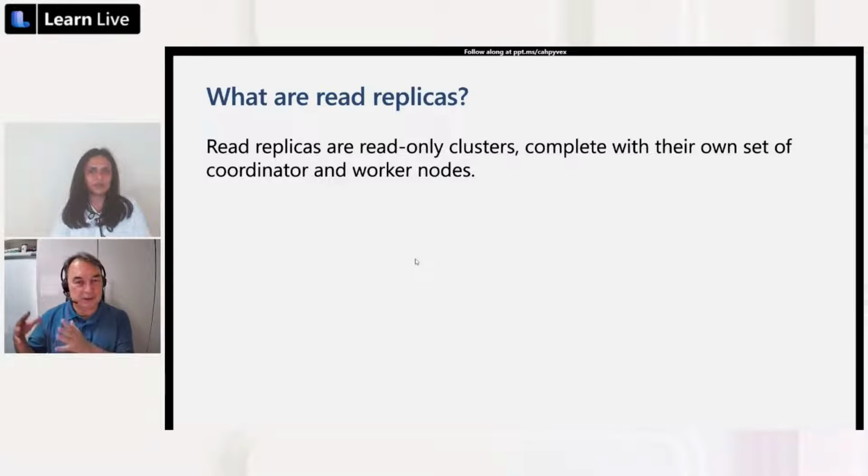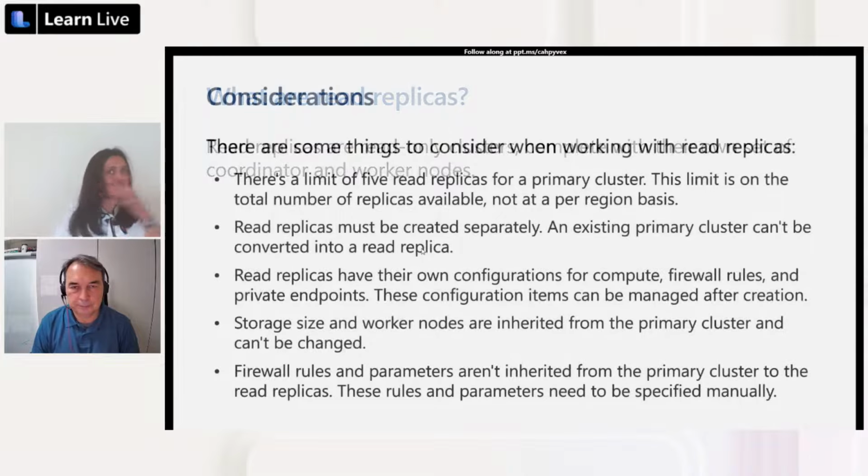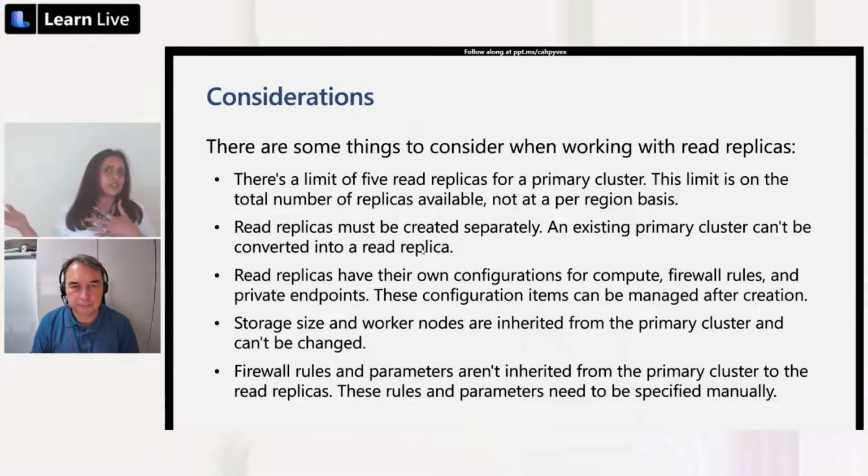First of all, it's another server, so it's got a different name, and it's got its own firewall rules, and server configuration parameters can be different. However, it will all be configured after the initial creation of the server. That makes sense, to have its own firewall rules because it's going to be probably in another region and another location also.